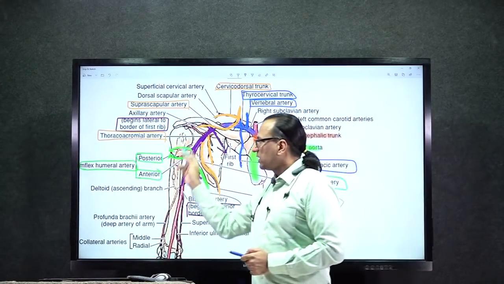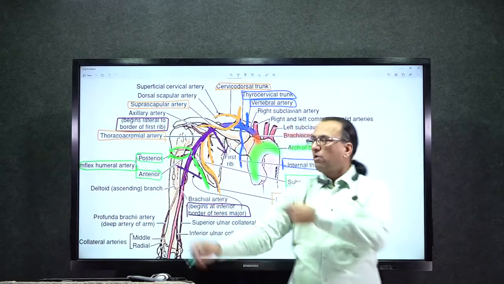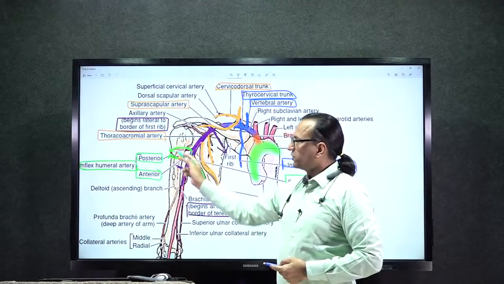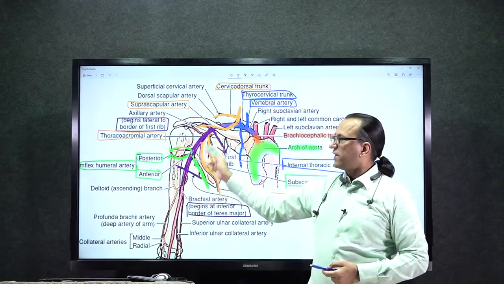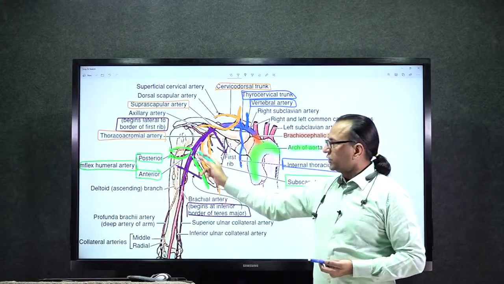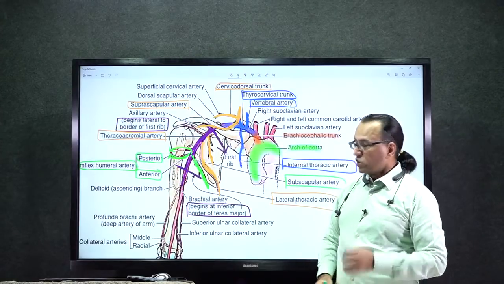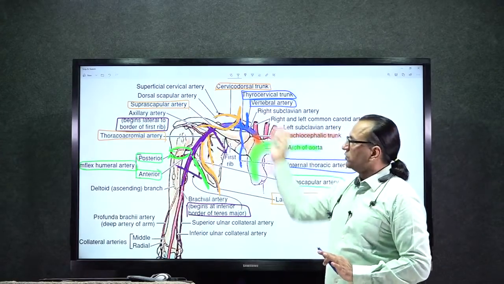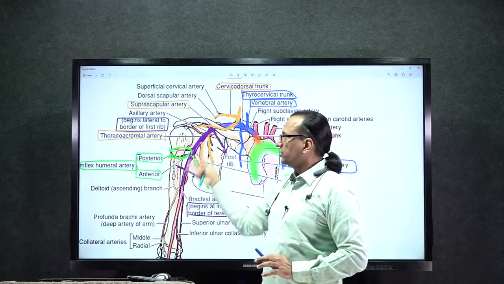They make the anastomosis around the surgical neck of the humerus bone. So that is the anterior and posterior circumflex humeral artery coming from the third part of the axillary artery, along with the subscapular artery. Now once you have this much detail here, we will draw a diagram for the 6 branches of the axillary artery.